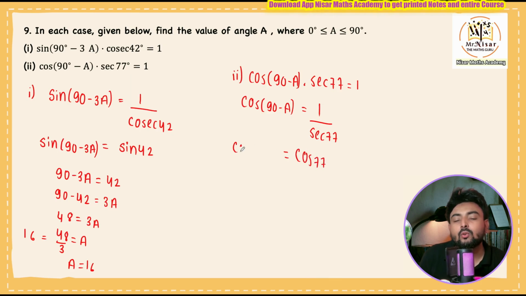Now you can see here cos is this side also and cos is this side also. So the angles are same, we can compare now. 90 minus a is equal to 77. Minus a will go to this side and plus 77 will go to this side. Plus 77 becomes minus 77, minus a becomes plus a. So 90 minus 77, that's 13.